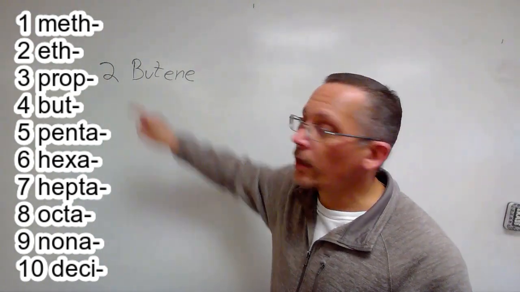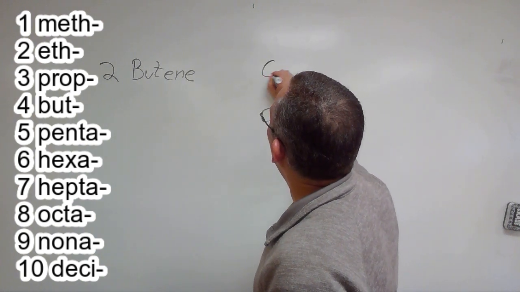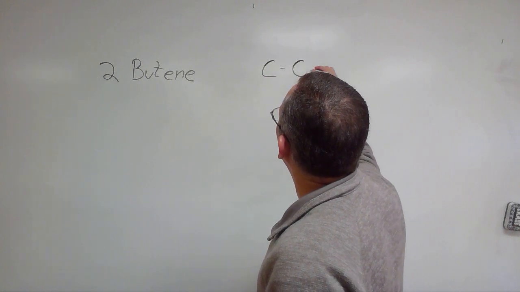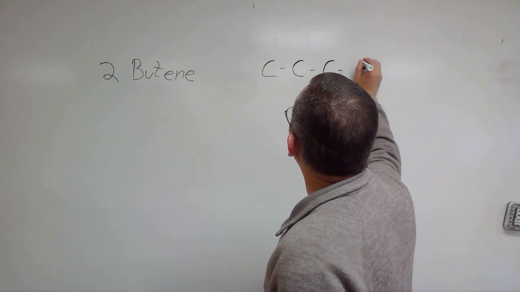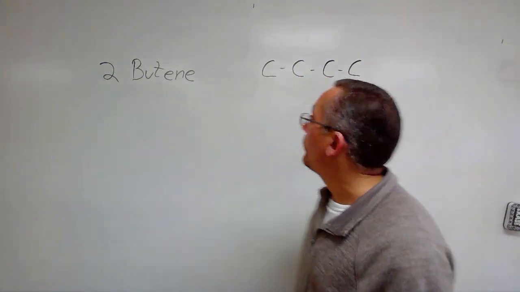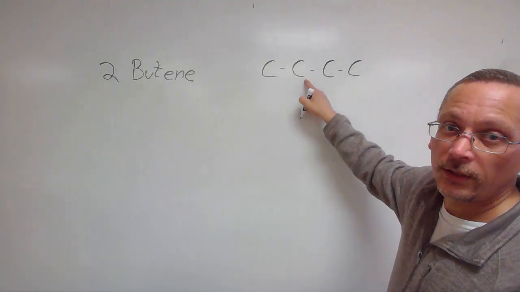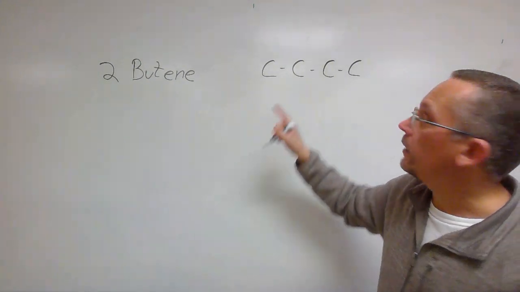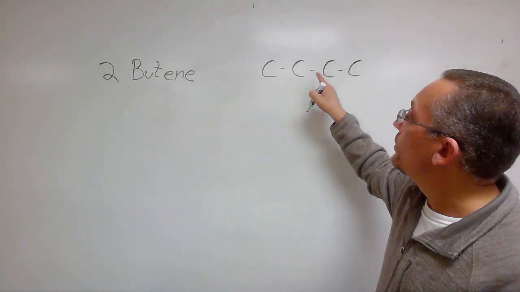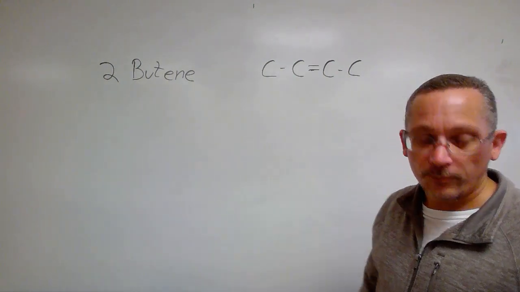So I have 4 carbon atoms. Let's draw that. 1, 2, 3, 4, with a double bond on bond number 2. So we could have 1, 2, 3, or we could have 1, 2, 3. Either way, this is bond number 2. So this one should be a double bond.